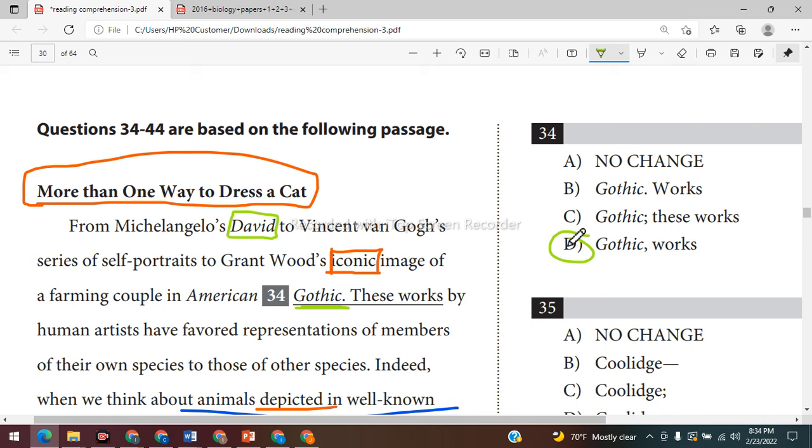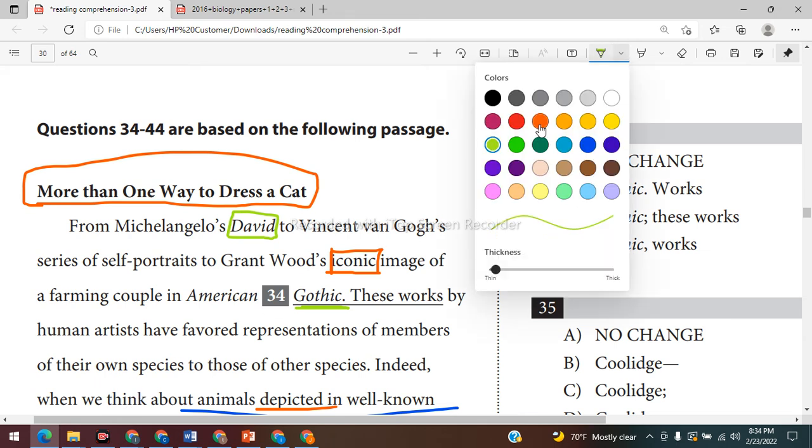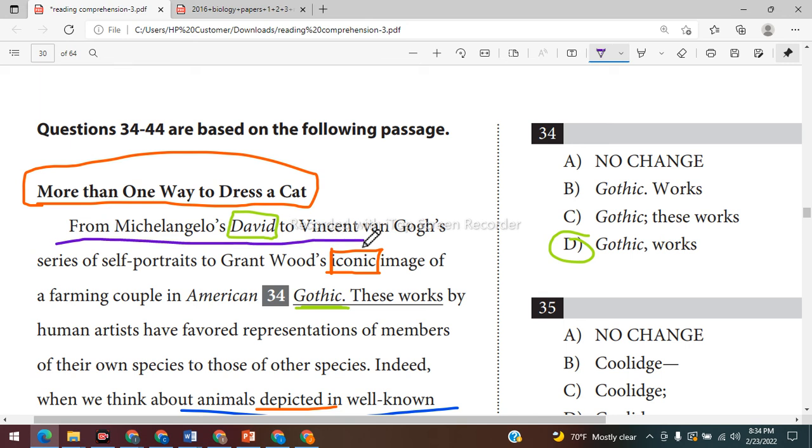So the lines before 34 can't stand on their own then. No, they cannot. It's a dependent clause, it's not a complete sentence. All it's saying is from this person's painting to the next person's painting.